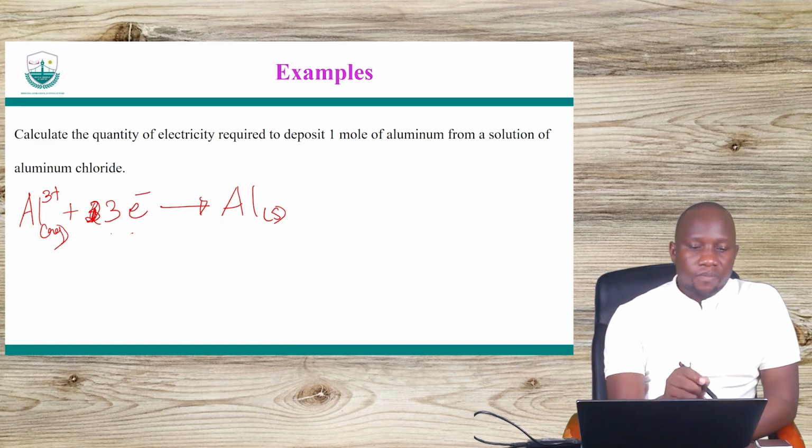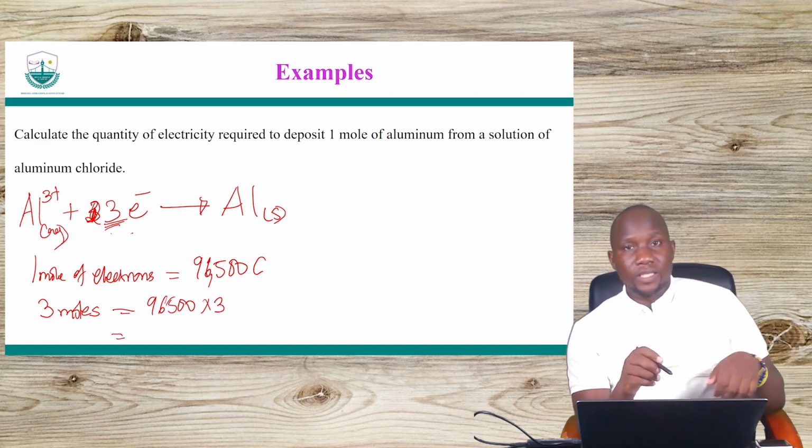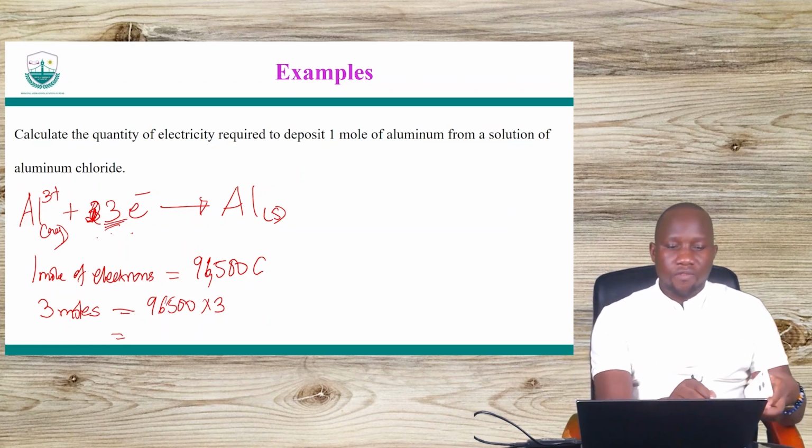But remember that 1 mole of electrons has a charge of 96,500 coulombs, right? So what if you have 3 moles, like in this case here? It will be this times 3, and those will deposit 1 mole, just from that equation.